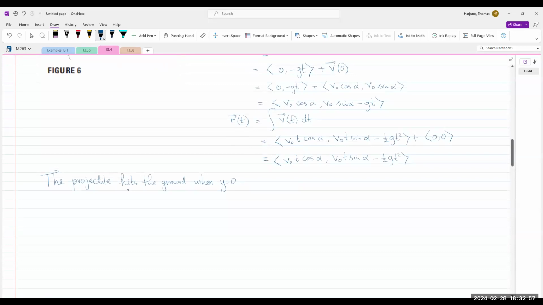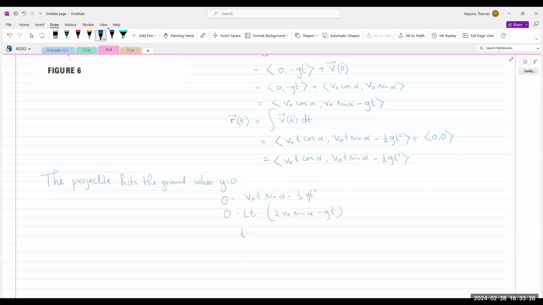Now, let's see. When y equals 0, we get 0 equals v naught t sine alpha minus 1/2 g t squared, right? I factor the t out, and let me factor 1/2 also out. So I get t times (2 v naught sine alpha minus g t) equals 0.